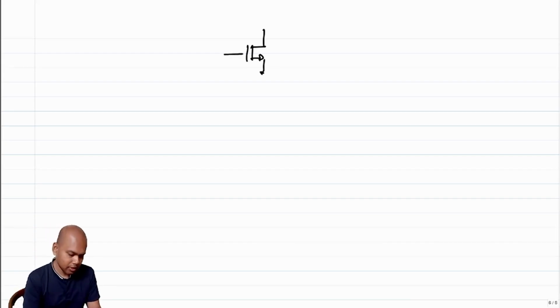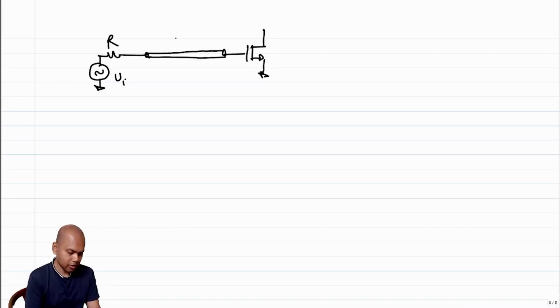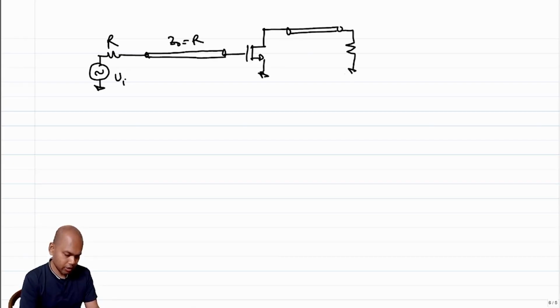There is a long transmission line, and I have an input source with R not equal to R connected here, and the output is again taken out through a long transmission line connected here to R, right?